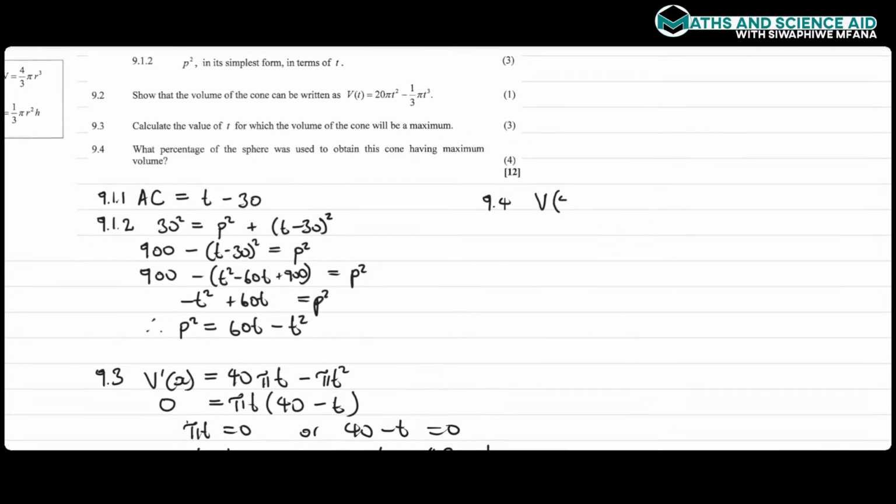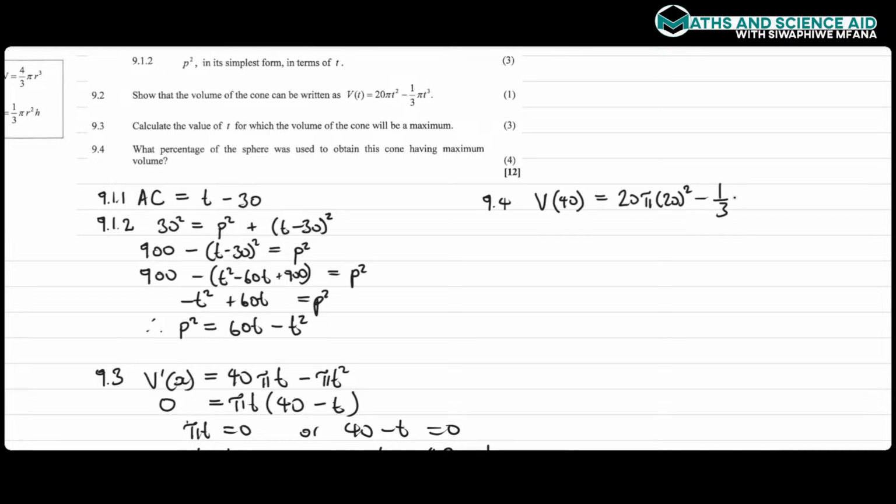So we'll substitute t equals 40 into the original equation of the volume of the cone. So here is that equation. This is 20 pi into 20 squared minus 1 over 3.